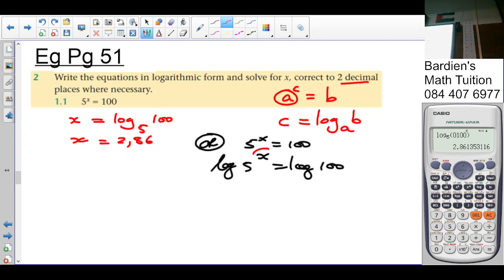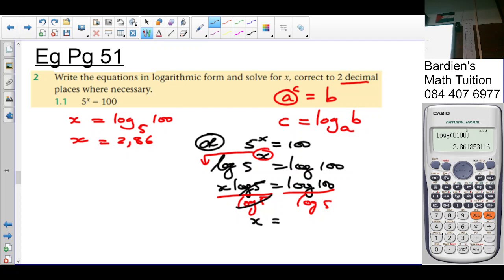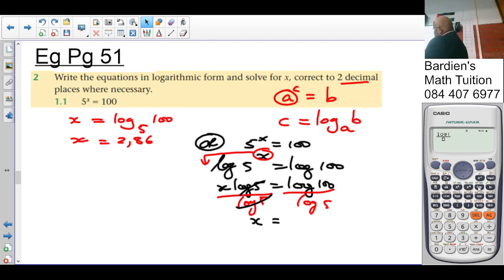So I bring that x forward using the third law of logs. So you got x log 5 is equal to log 100, divided by log 5 both sides. That cancels. So x is equal to, on the calculator, log 100 over log 5. You see no base, so the base is 10, you don't have to put that in. It gives you 2,86 as I previously had as well.